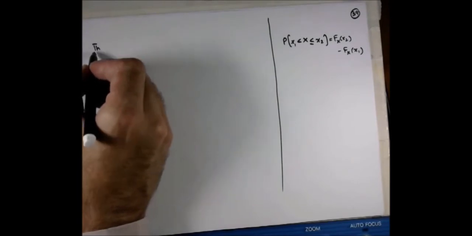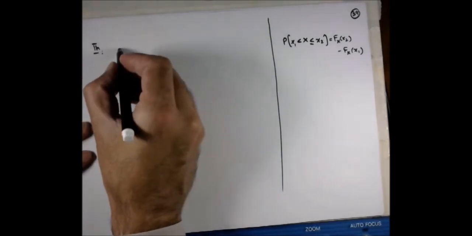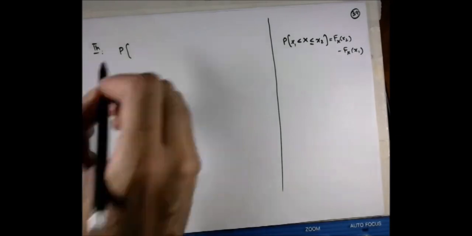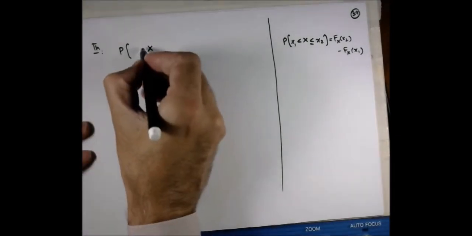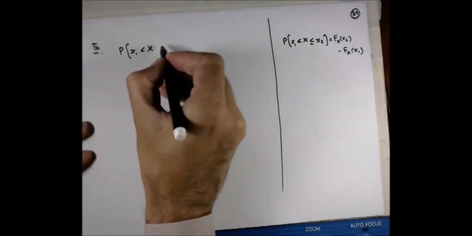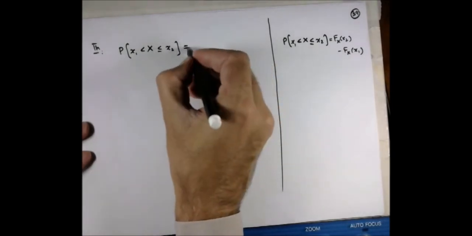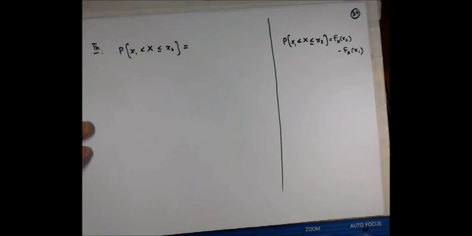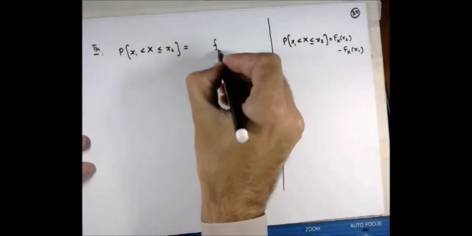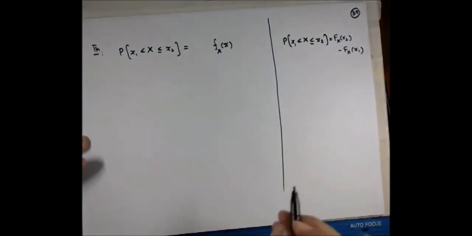So, a theorem now. If you want to find the probability that x is greater than x1 and less than or equal to x2, what should be the probability? How should we calculate this if you want to utilize the PDF now and not the CDF?